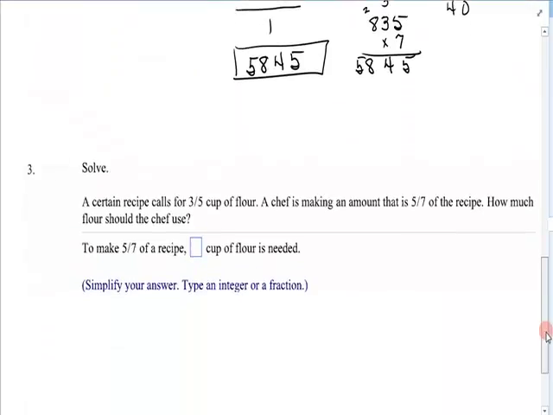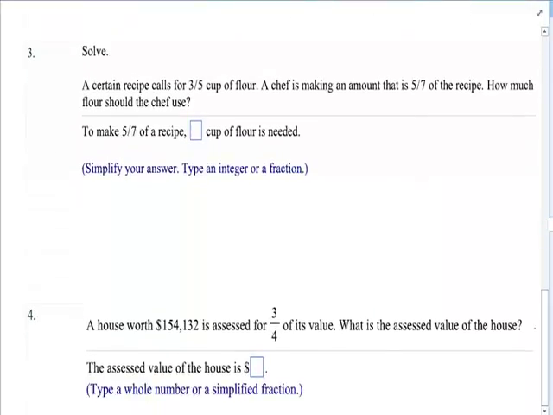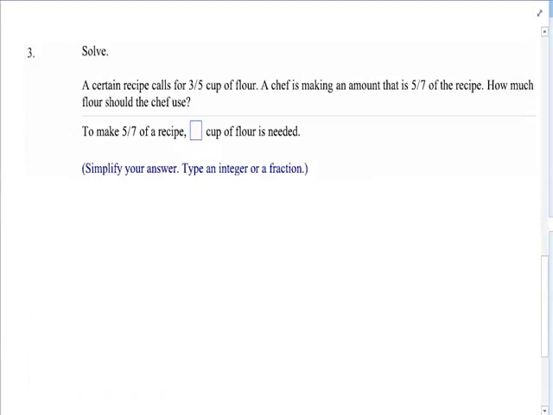Okay, let's look at another one. This one says a certain recipe calls for 3/5 a cup of flour. That word "of" is not telling me to multiply. A chef is making an amount that is 5/7 of the recipe. All right, now this one is 5/7 of what?